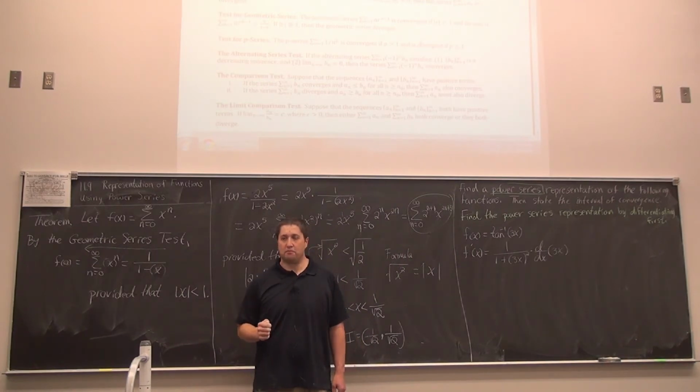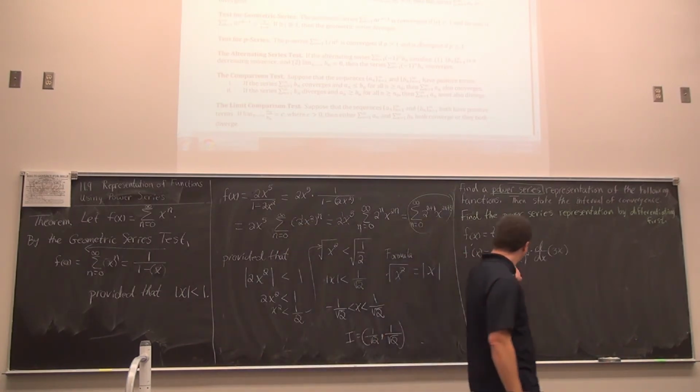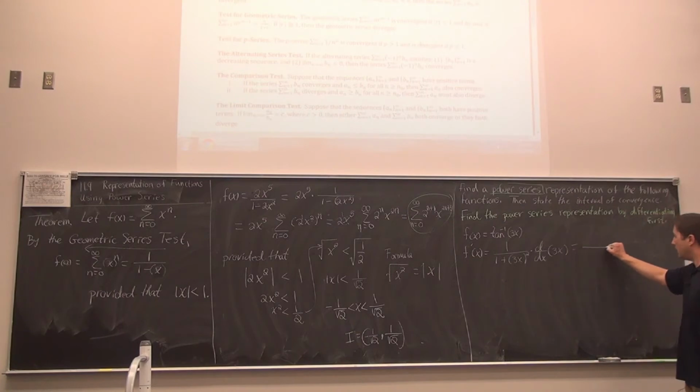And the parentheses are massively helpful because we have to have a 9x squared here. So the denominator is 1 plus 9x squared, and the derivative of 3x is just 3. So now we have a rational function. It was just a fluke that the derivative of the function we picked came out that way, which means the geometric series test is back on the table. We just have to put that in its proper format. Any questions so far?